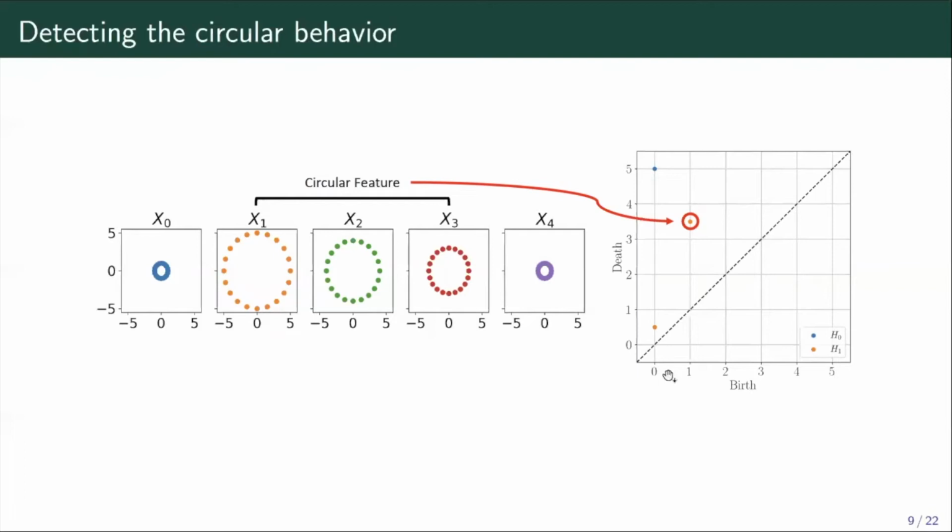That indicates that there's a circular feature that is born at time 1 and persists through the zigzag until it gets to 3, and then it's going to die at the union between 3 and 4. So that's picking up that range of values that we wanted to see. It's detecting that that's the most circular range in this sequence of point clouds.